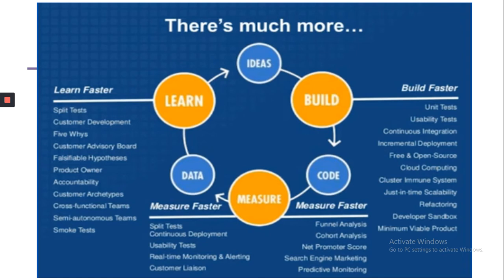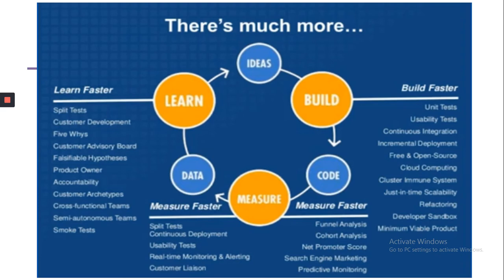At the same time, you conduct usability tests, real-time monitoring and alerting, and customer liaison at the same time, right? And as we discussed in the previous lecture, Hotjar could also help you in this regard, right? So you measure that. And at the same time, whatever you learn from all these interactions with the customers, you again incorporate those learnings into the product part and build it again, right?